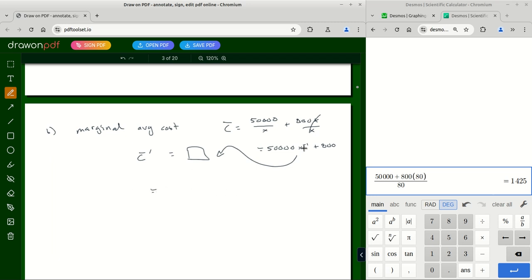So derivative, the negative 1 comes down. So it's now a negative 50,000 x to the negative 2, so I'm just going to do this over x squared. There you go. But they're wanting it at 80, so I'm going to plug in an 80.